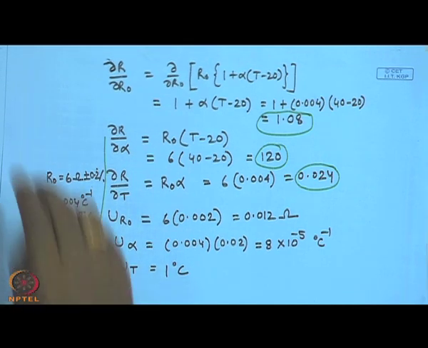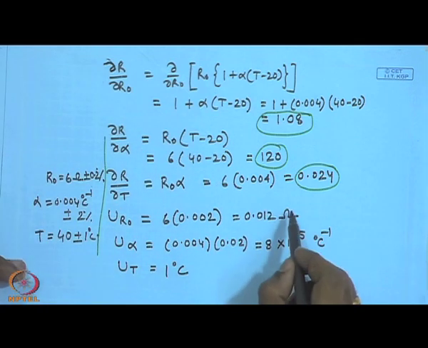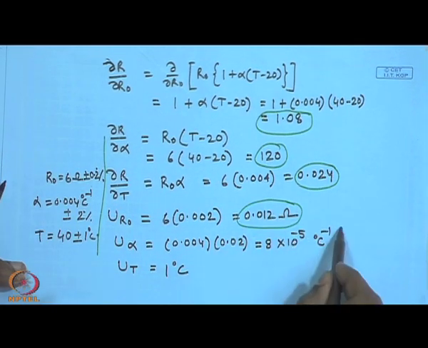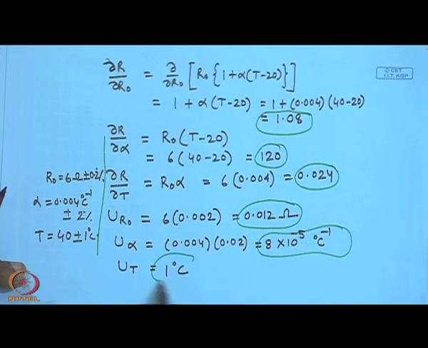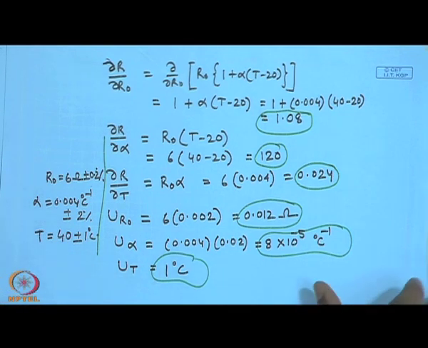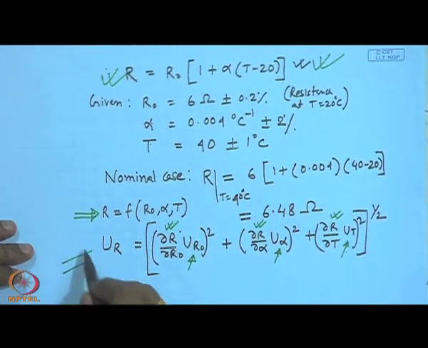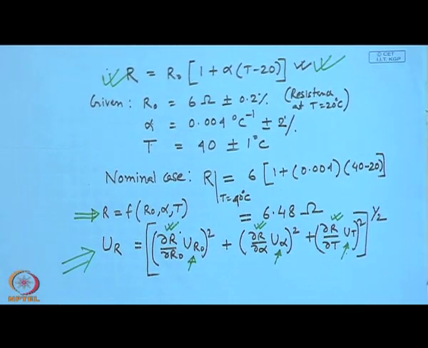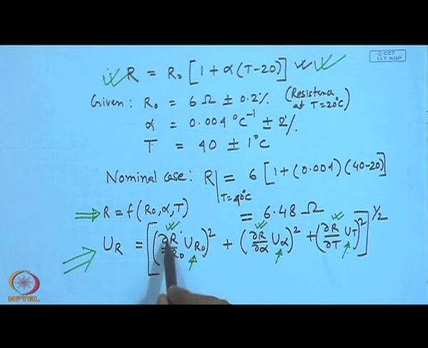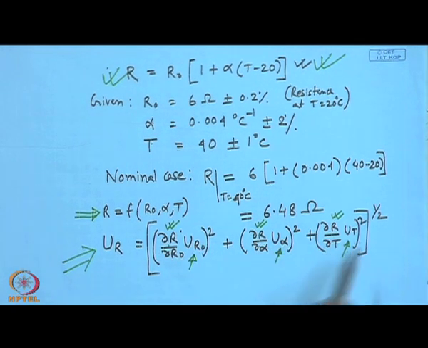So, now we just have to put all these values into the equation we wrote. That means, in this equation, we now have values for all these terms.